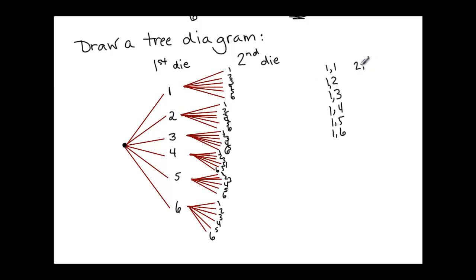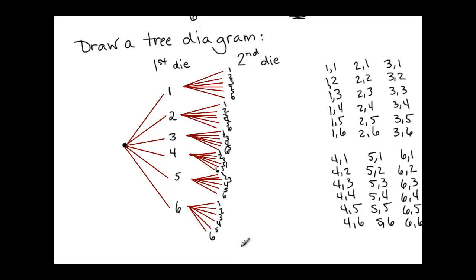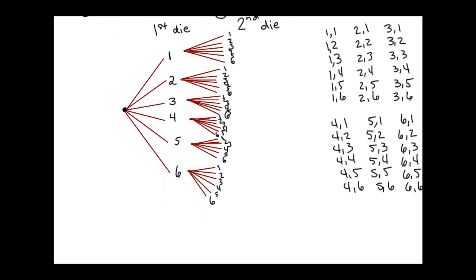So the next set of outcomes would be 2, 1, 2, 2, 2, 3, 2, 4, 2, 5, and 2, 6. And then we would continue on listing all of the different outcomes. So as you can see, I've gone through each one of those branches and listed all of the separate outcomes. And what you should have is a total of 36 different outcomes.